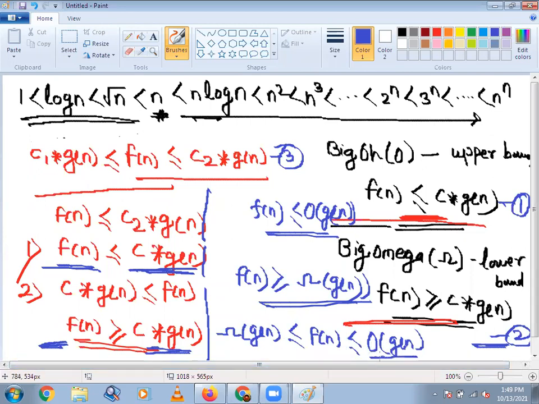That is, big O denotes upper bound, omega denotes a lower bound, and this function lies between the upper bound as well as the lower bound, and that's why instead of f of n we are writing here theta of g of n.